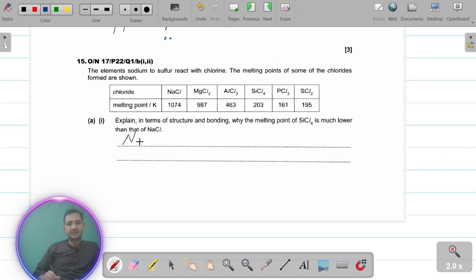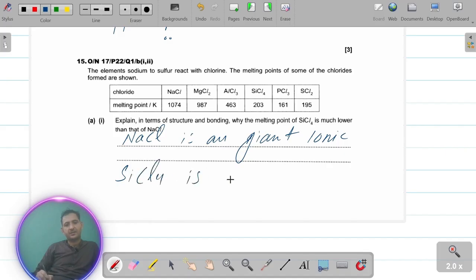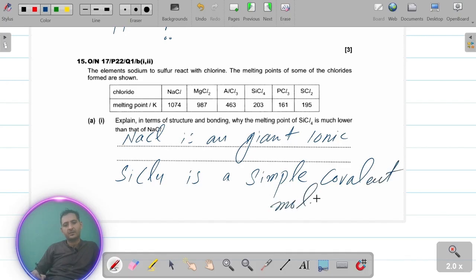NaCl is a giant ionic compound, while SiCl4 is a simple covalent molecule.